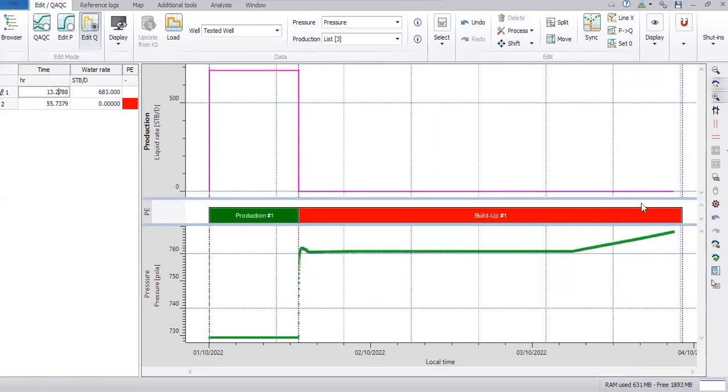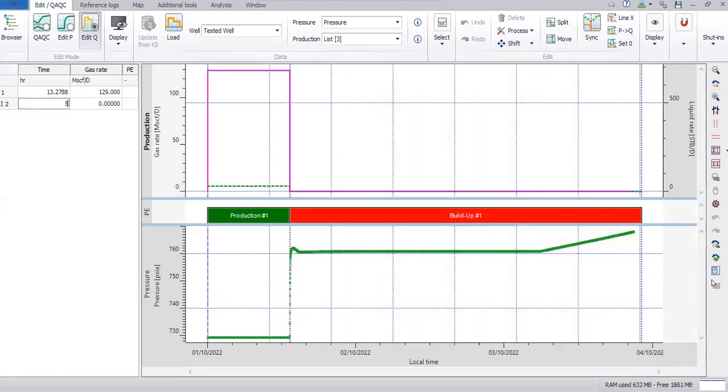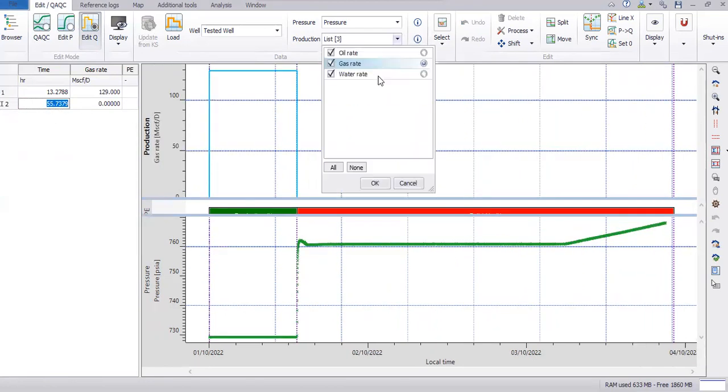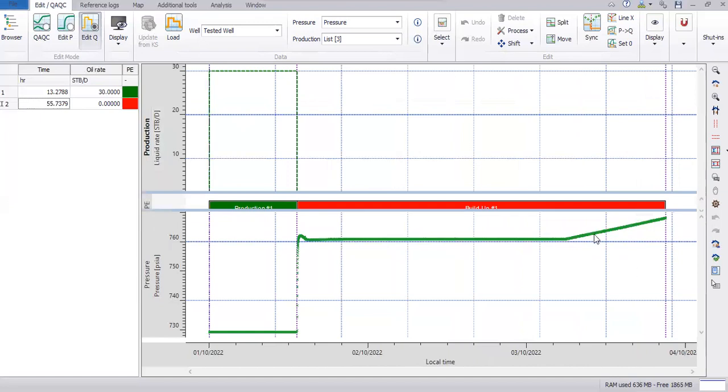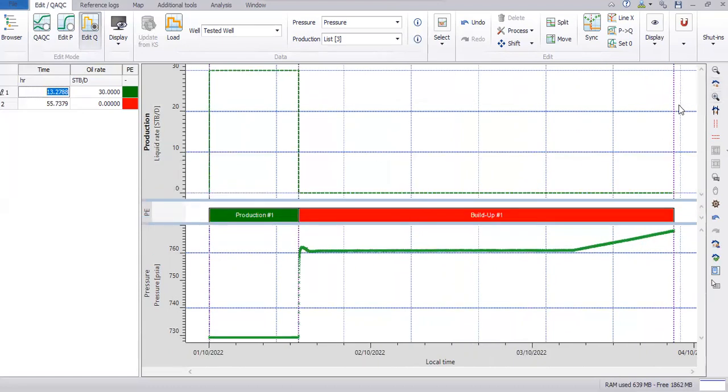Okay, there. And then for the gas, 557379. Copy, and lastly for the oil. It's actually weird. Okay, but yeah, let's maintain it first. Okay, so far so good.